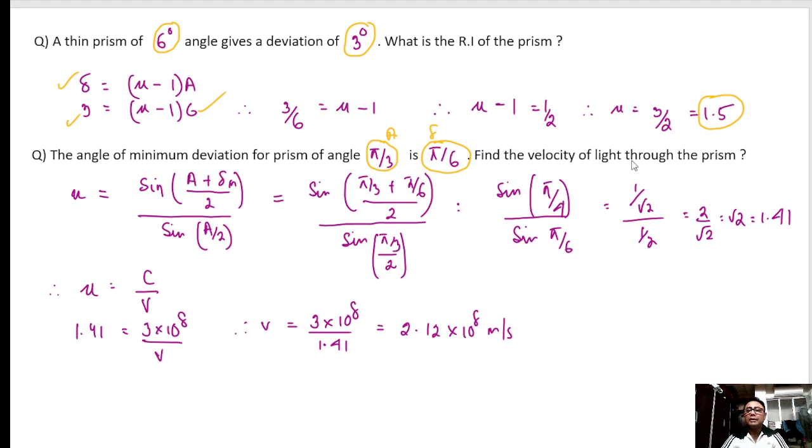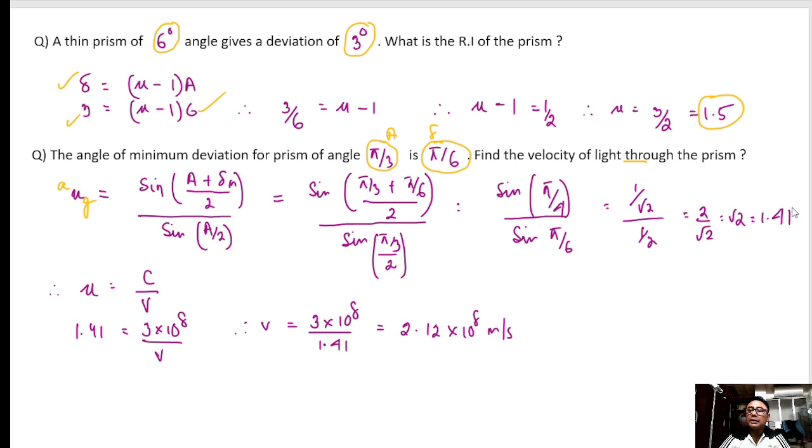Second, the angle of the prism is given, and the minimum deviation is given. Find the velocity of light through the prism. First of all we have to find the refractive index of the prism. This is the formula. A is pi by 3, delta is pi by 6, so (A plus delta) by 2 gives pi by 4, and A by 2 gives pi by 6. Sine pi by 4 is 1 by root 2 and sine pi by 6 is 1 by 2.